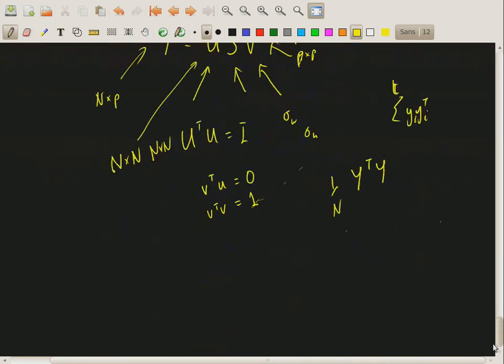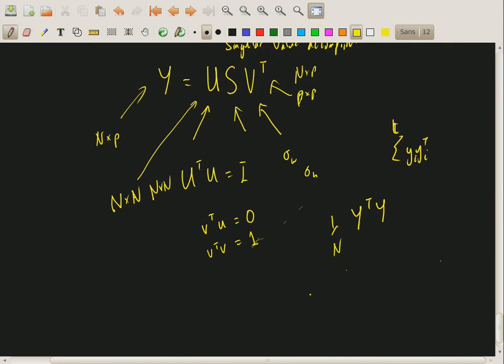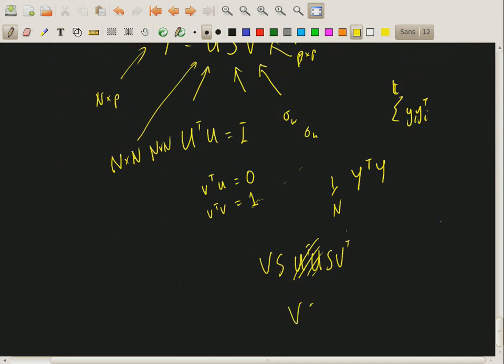So what that means is the covariance matrix is given by US V transpose pre-multiplied by VS U transpose. Now you know why I wanted U to be n by n. U transpose U is the identity because it's a rotation matrix. So what you're left with is Vs squared V transpose, which is exactly the same as the R lambda R transpose. So V in our case is R.